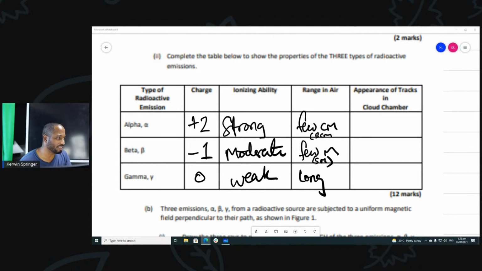If any of my students here can send me the diagram, I can't find it with what I have right now. It is in a cloud chamber. The other thing they could ask is how it would look in a magnetic field. Maybe it's in the notes.